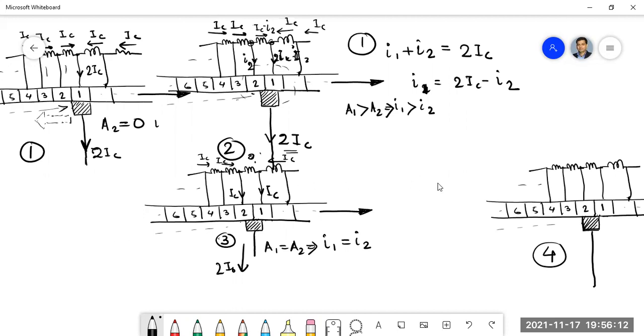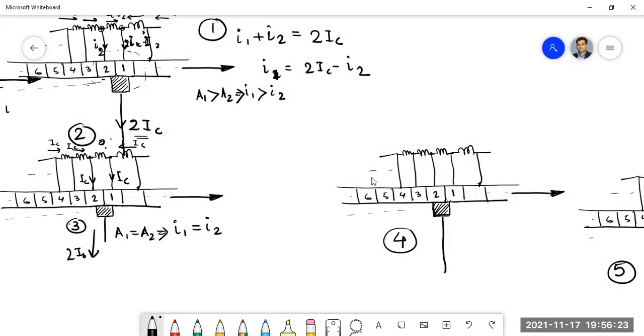Okay, now come to the fourth instant where A2 is more than A1. What about the currents I1 and I2? I1 is less than I2.